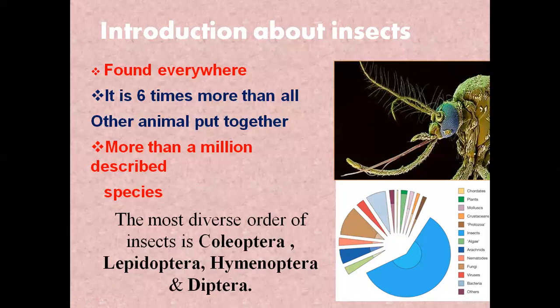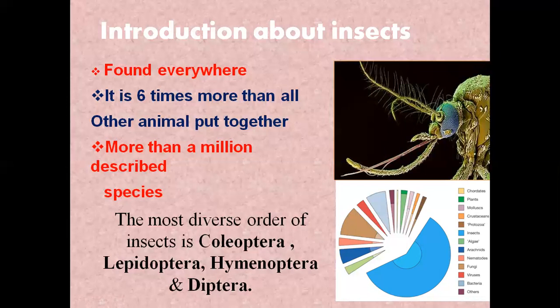That's why it is a very dominant creature with a long geological history. If we calculate, it is 6 times more than all other animals put together, and its rank is the first. More than a million species are described.